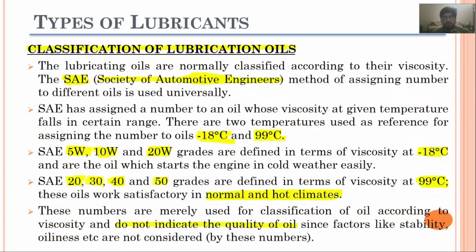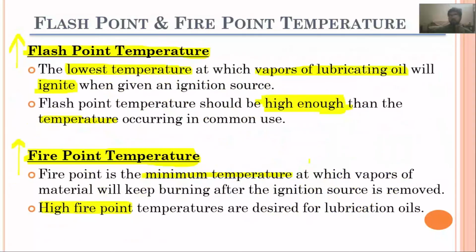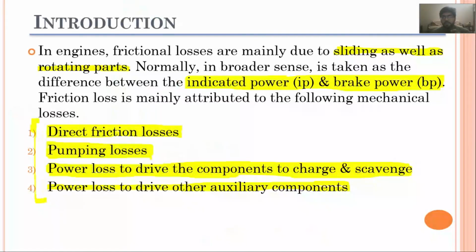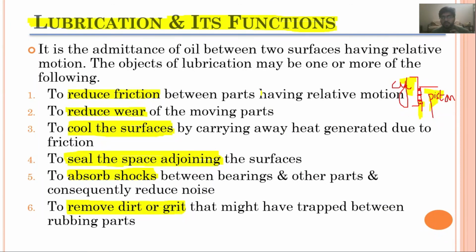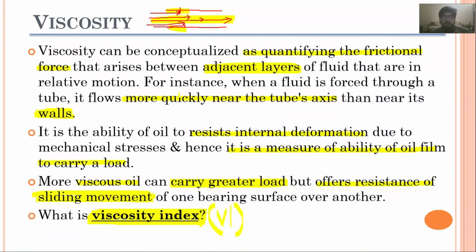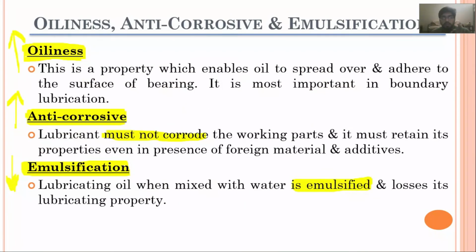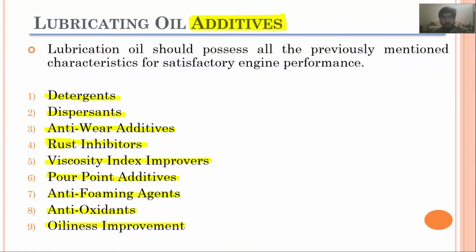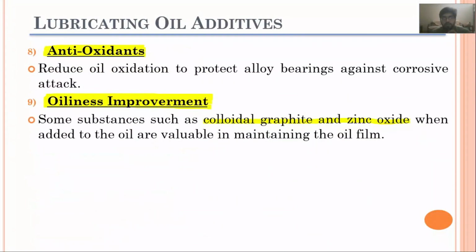In today's class, so far we have studied the basic introduction regarding the lubricants. We studied the basic concepts, why lubrication is required and what is the function of a lubricant. Then we discussed some of the properties of a lubricant in quite some detail. Since we cannot achieve these properties until we add some additives, we studied what additives are incorporated.